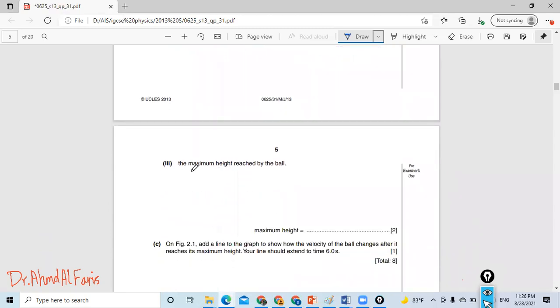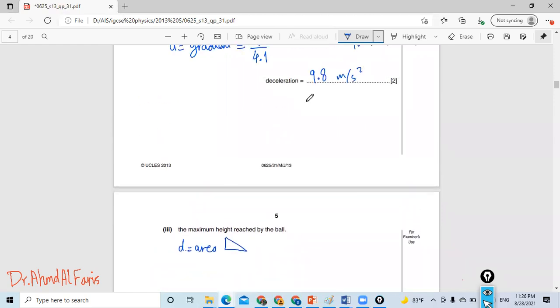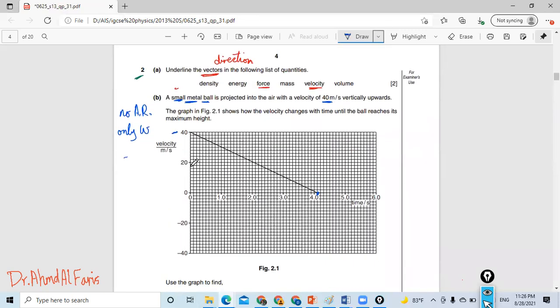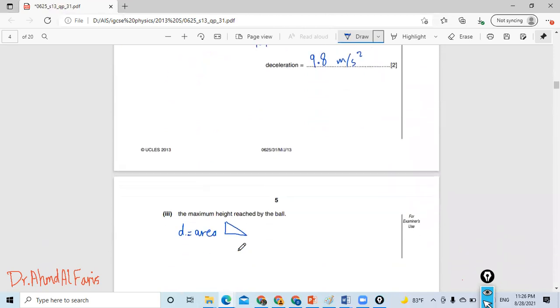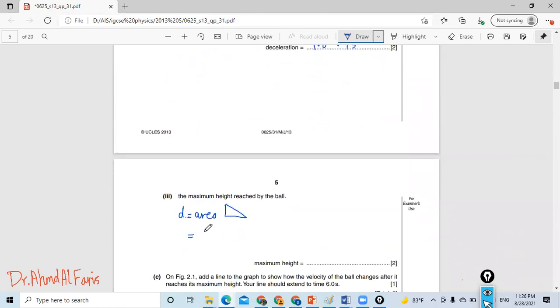Part iii asks about the maximum height, the distance. We know that the distance is equal to the area under the graph until it reaches the top. The height of this triangle is 40 and the base is 4.1. So the area is 40 multiplied by 4.1, base times height, divided by 2, or half base times height.